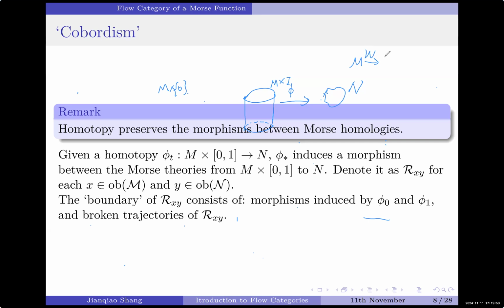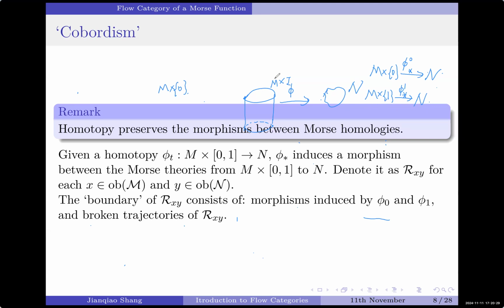I use W to denote M times 0 by phi_0 to N, and at the bottom you have another morphism between flow categories.